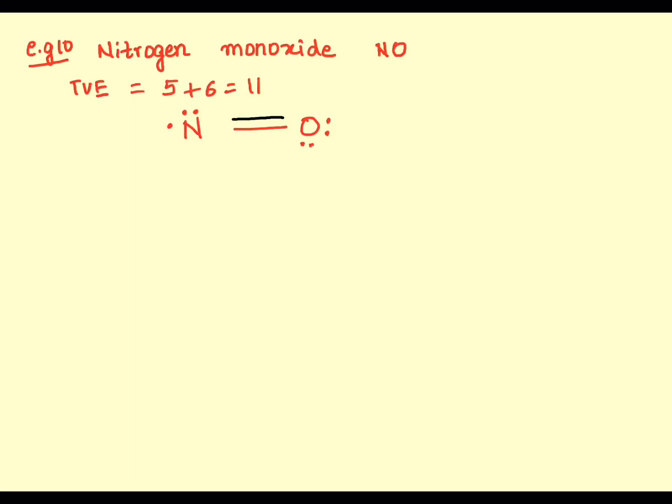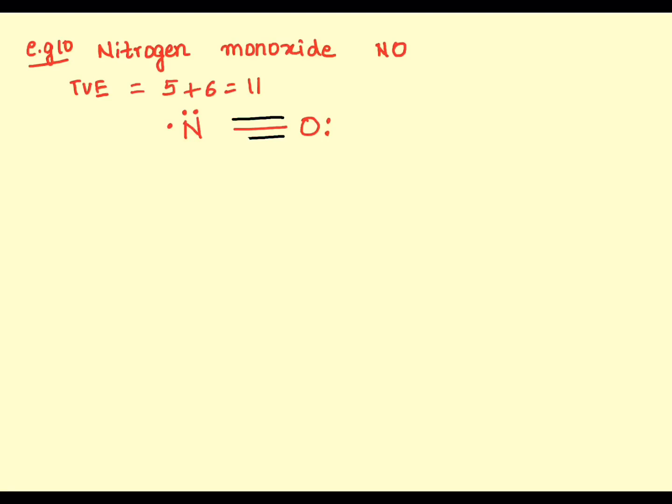Let's check now. Is it complete? 1, 2, 3, 4, 5, 6, 7. Still 7. Now, let's suppose I ask this oxygen, the guest over here, to form one more bond. Look at that, what happens. Now, nitrogen will have 9 electrons.